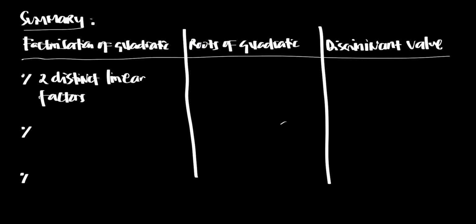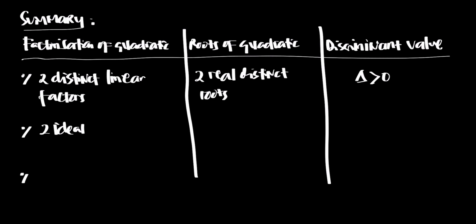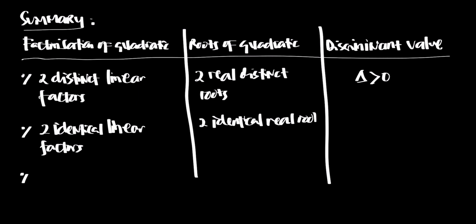And then how about the roots of the quadratic? Two real distinct roots. So then the discriminant value is bigger than 0. And then the next one, two identical linear factors, two identical real roots, or repeated, then delta equals 0.